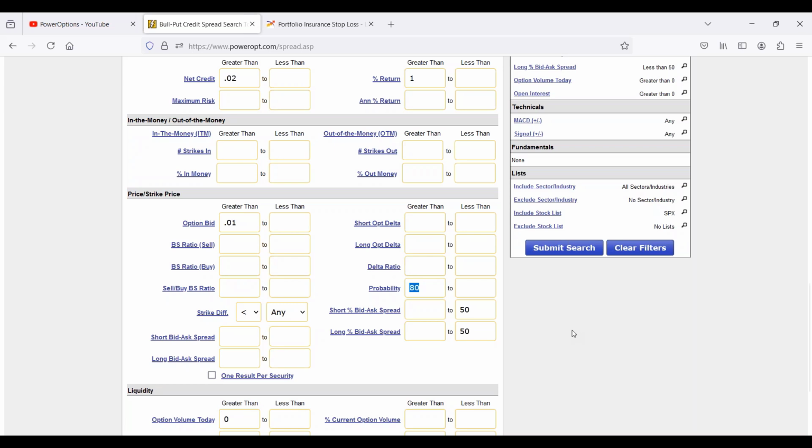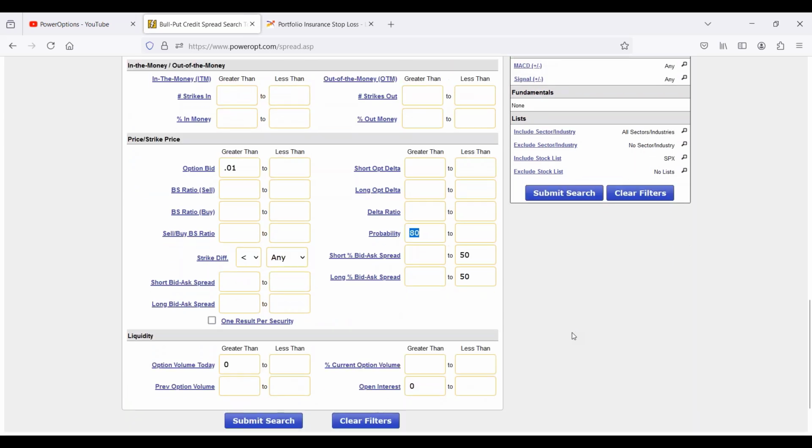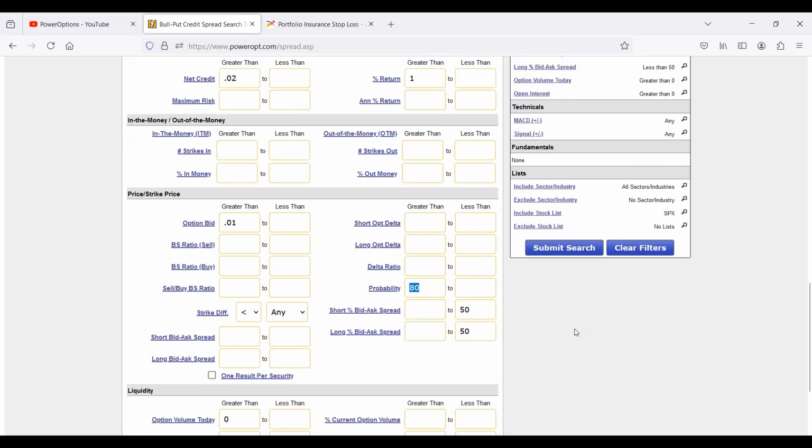With a 0 day to expiration spread, in my opinion, I'm waiting for the market to do its thing in that first 15, 20, 30 minutes. And then I'm going to say, okay, what are the bear call spreads I want if the market's down? What are the bull put credit spreads that I want if the market's up? That's what I'm going to look for in that case.